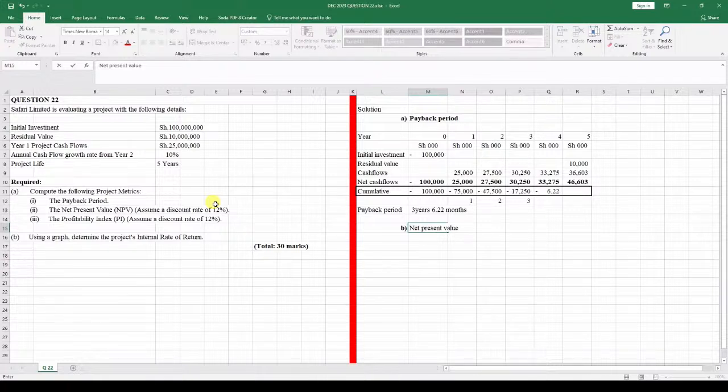The net present value is just how much we are able to get. Are we going to realize a positive cash flow or a negative cash flow based on discounting? You're using a discounted cash flow technique so that you can get the present values.